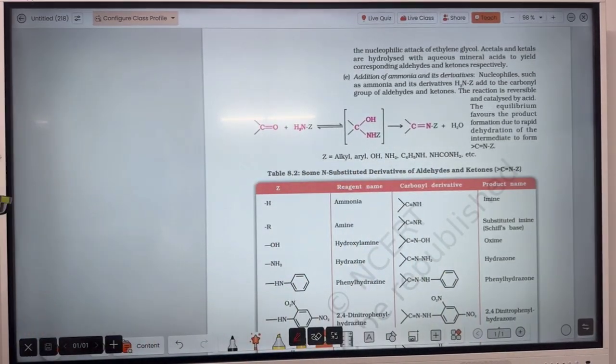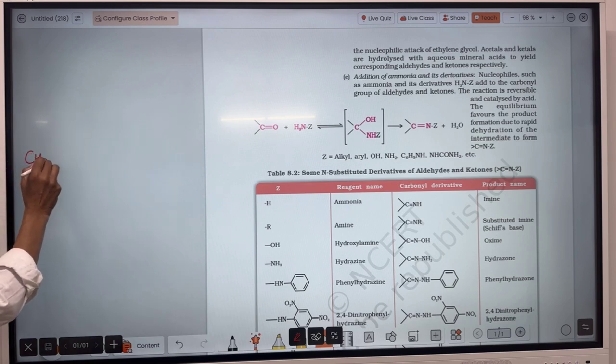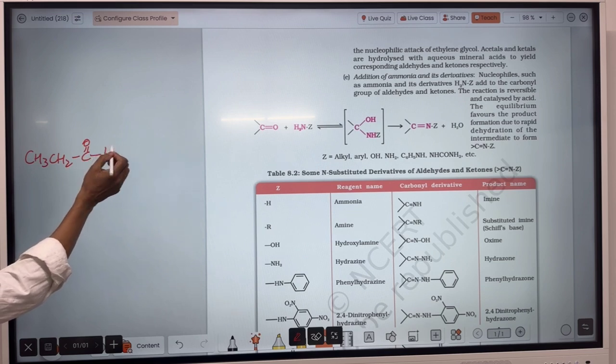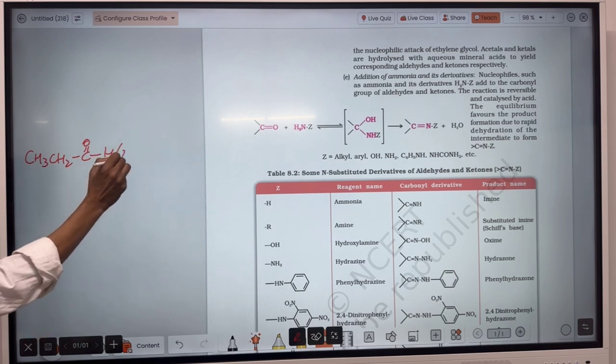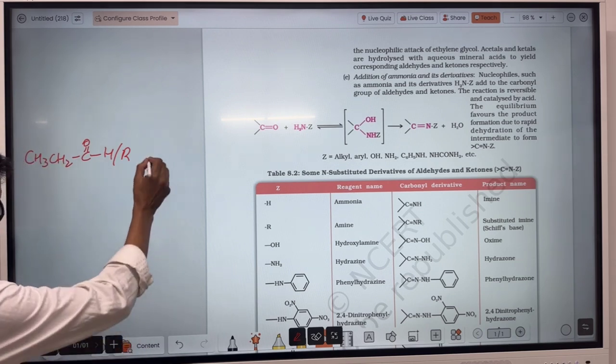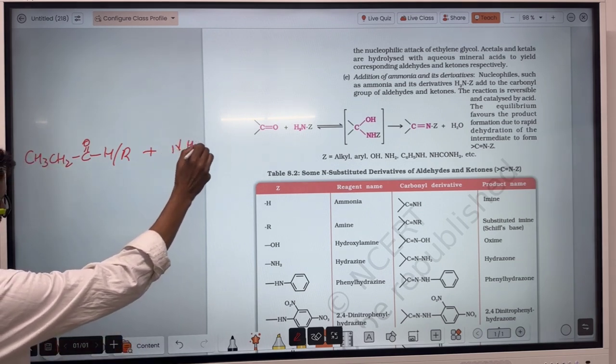So let's see the reactions here. H. Any R you can also take here. Whatever it be, this group may vary. As for example, I am taking this. And here ammonia.